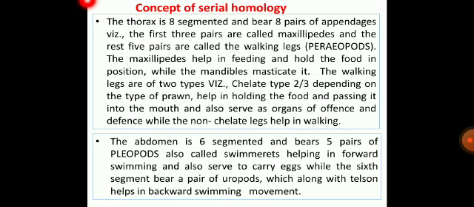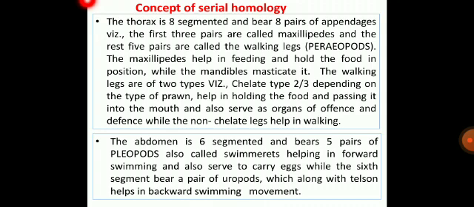Next, the thorax is 8 segmented and bears 8 pairs of appendages. That is, the first 3 pairs are called maxillipedes and the rest 5 are called the walking legs, also called periopods. The maxillipedes help in feeding and holding the food in position, while the mandibles masticate it.